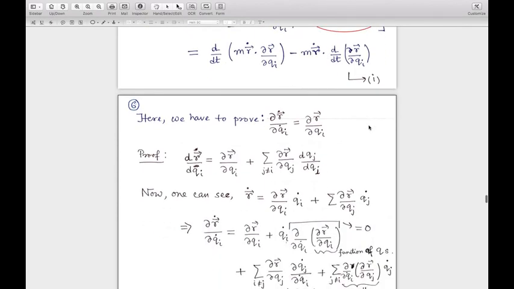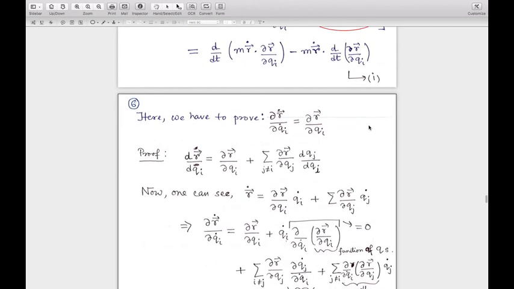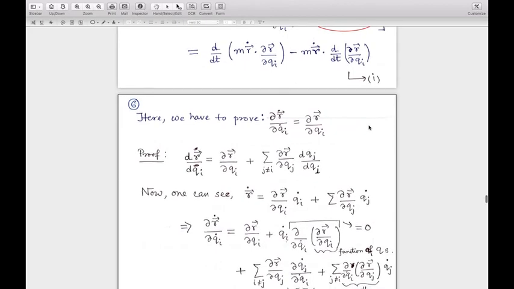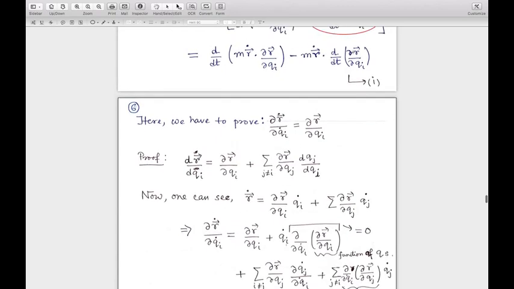Now first we have to do some simplifications, and for that we have to prove small things. The first one we have to prove is that d/dt of del r by del qi is del r dot by del qi. If it were a total differentiation, we wouldn't have any problem, because the dt's would nullify by the chain rule of total differentiation.